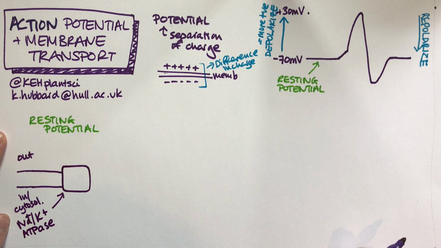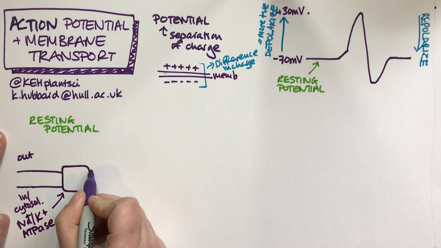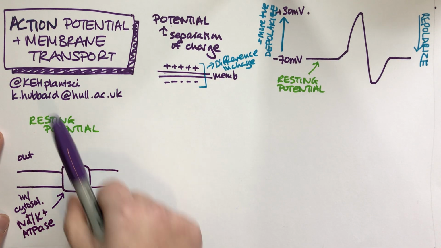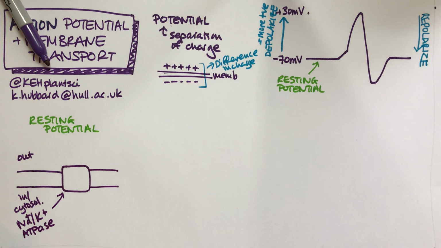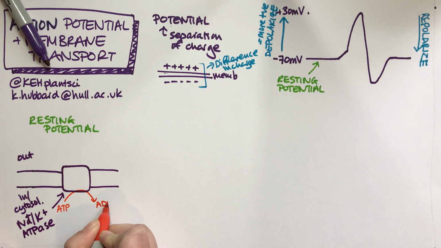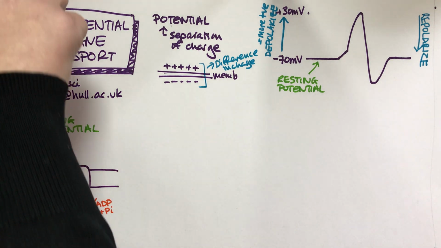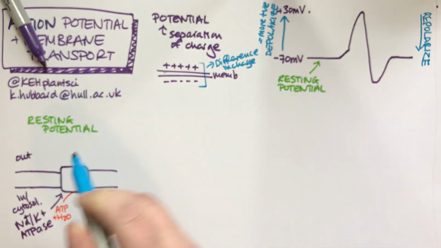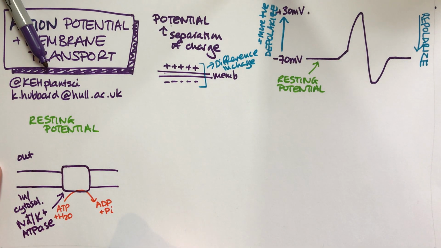What this enzyme does is use the energy from ATP. It hydrolyzes ATP to become ADP, and as we know, that releases energy. And it uses the energy to move some ions around.